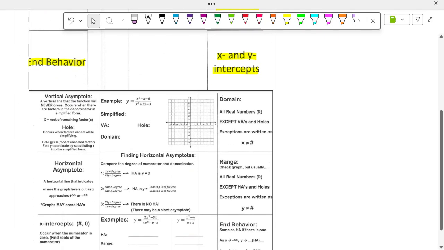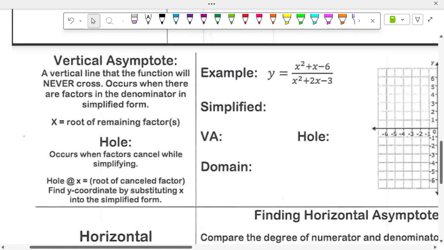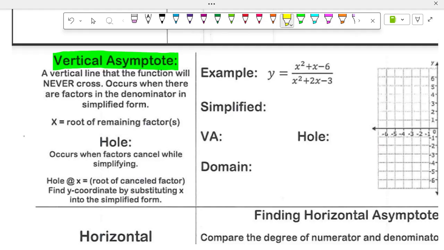Now, we're going to start with all the asymptotes because there's a pretty straight up way to get the asymptotes. All right. So we're going to start with vertical. We just talked about a vertical asymptote. That was in the previous example in the packet. That is a vertical line that the function will never cross. And it occurs when the denominator is in simplified form.